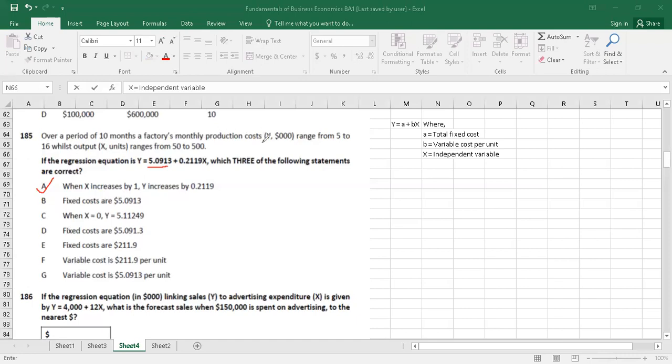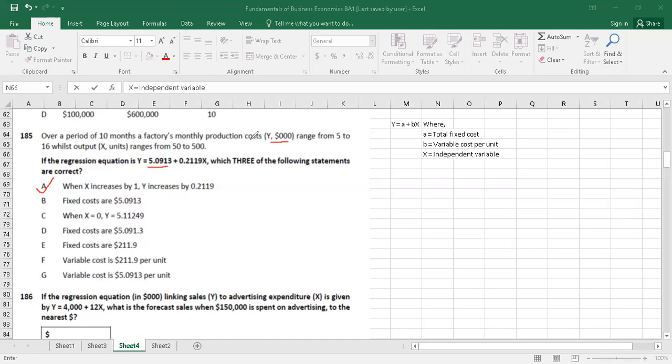The reason is, over a period of 10 months, the monthly production cost Y is in thousands of dollars. So it is multiplied by thousands of dollars, so the three zeros have to be added here.